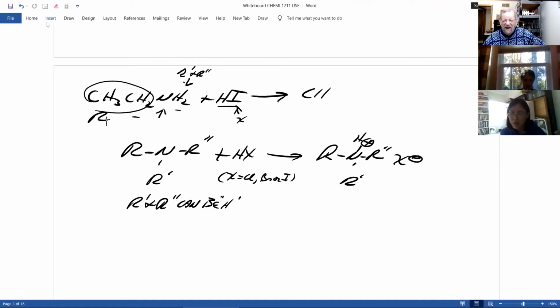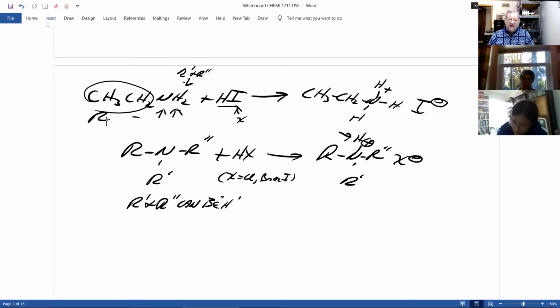So I'm going to have my R group on the nitrogen. I have these two hydrogens, R prime and R double prime, and I'll add one more. And then I need my anion, and you don't have to show charges, but I will.